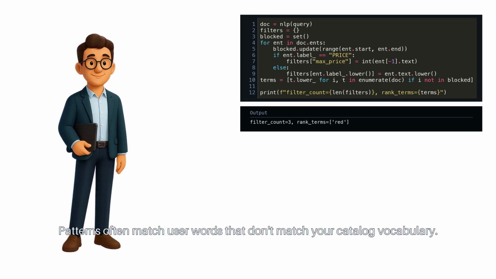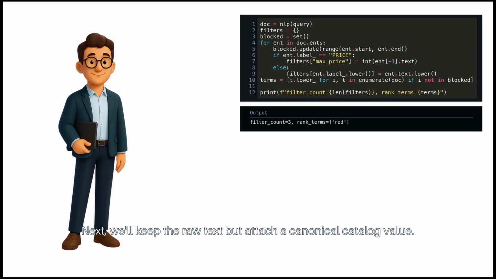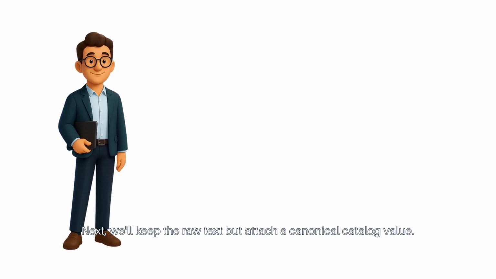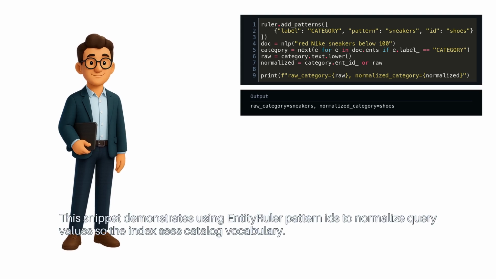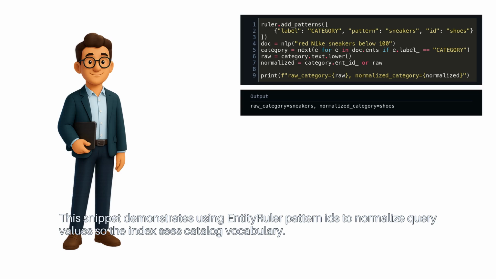Patterns often match user words that don't match your catalog vocabulary. Next, we'll keep the raw text, but attach a canonical catalog value. This snippet demonstrates using EntityRuler pattern IDs to normalize query values so the index sees catalog vocabulary.